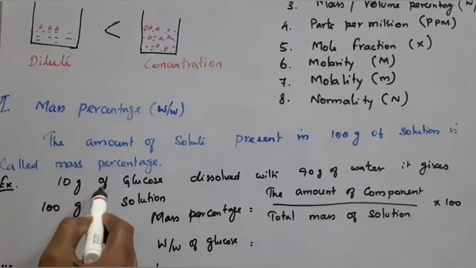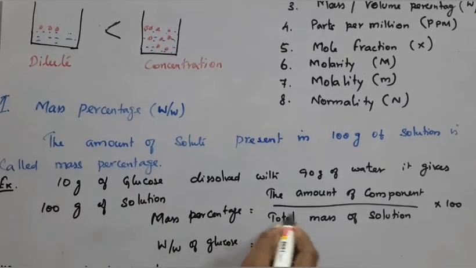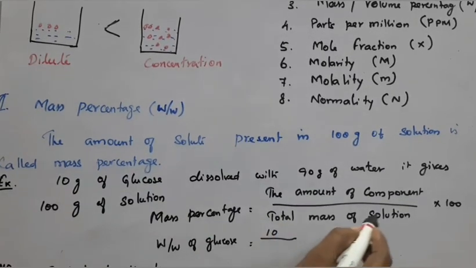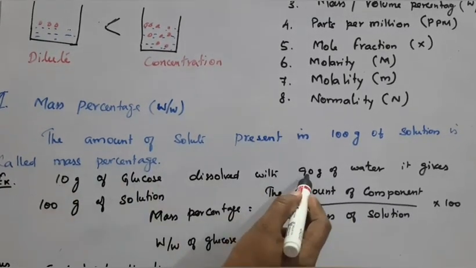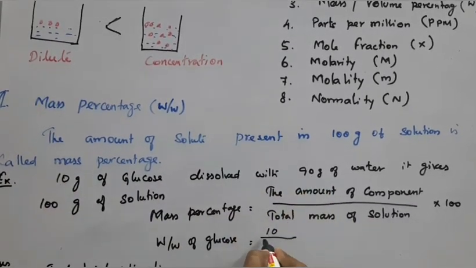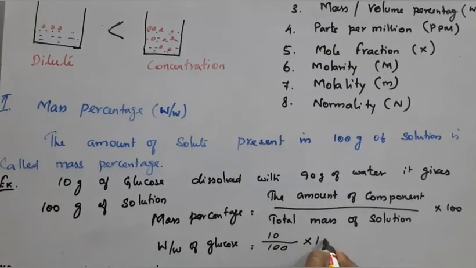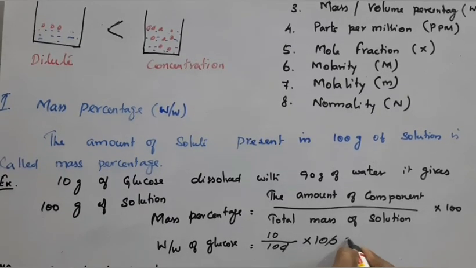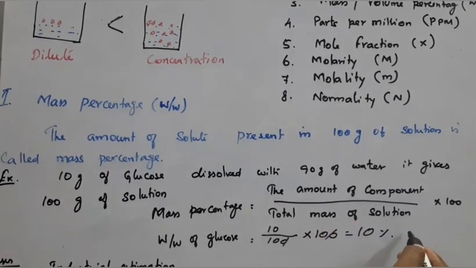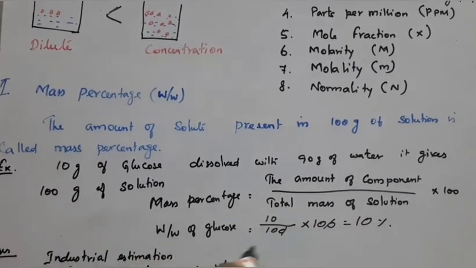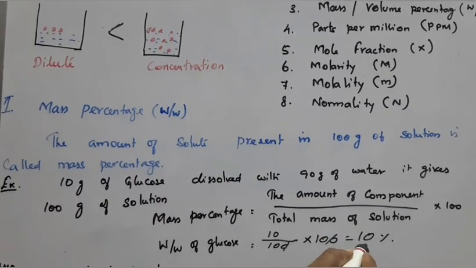The amount of component is 10 gram of glucose, divided by the total mass of solution, which means solute plus solvent. Here solute is 10 gram, solvent is 90 gram, so 10 plus 90 is 100 gram, multiplied by 100. We get 10 percent of glucose.